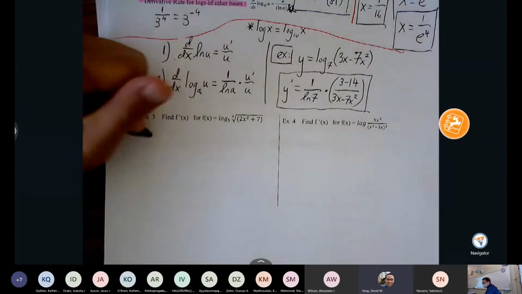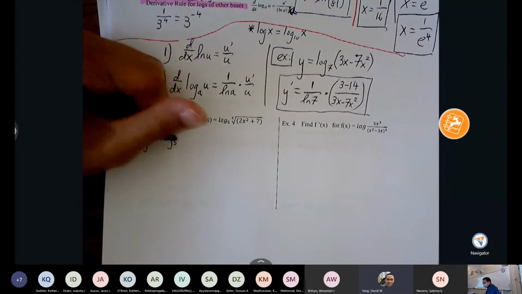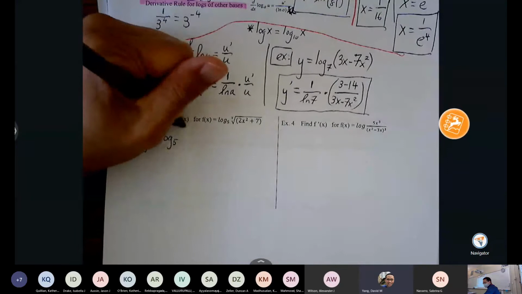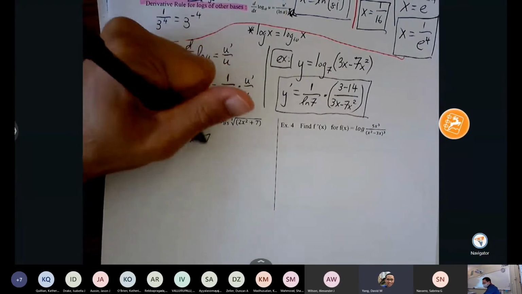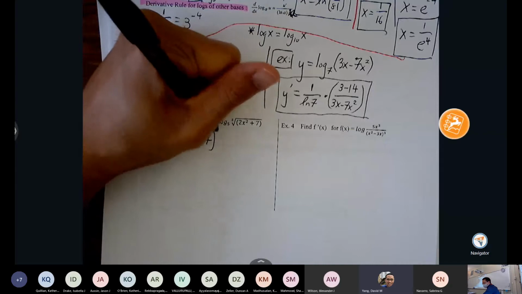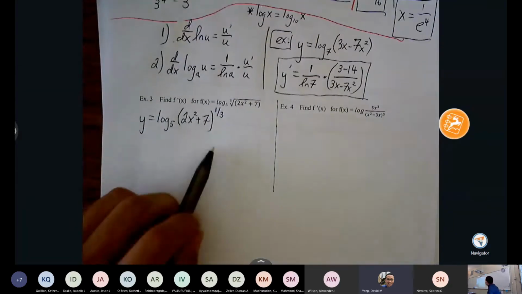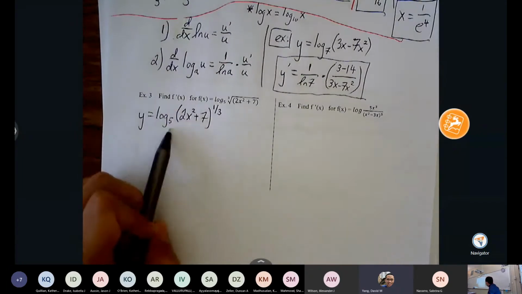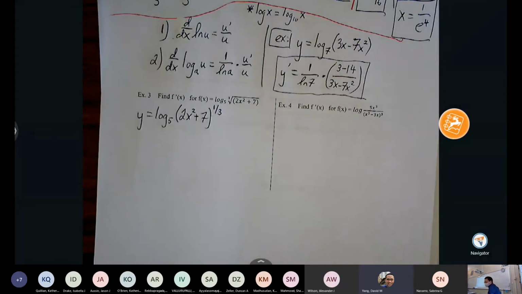So is there anything that we can do here to rewrite the problem? Put 1/3 at the front. Yeah, anytime I see a radical, I'm thinking, how can I make that a little bit visually more helpful? So I'm going to rewrite that as raised to the 1/3. Okay, I know this is not natural log, but do you see any properties that we can apply?